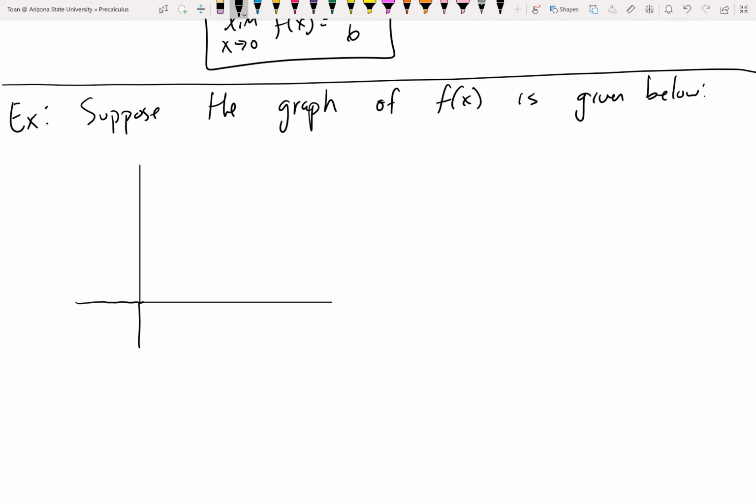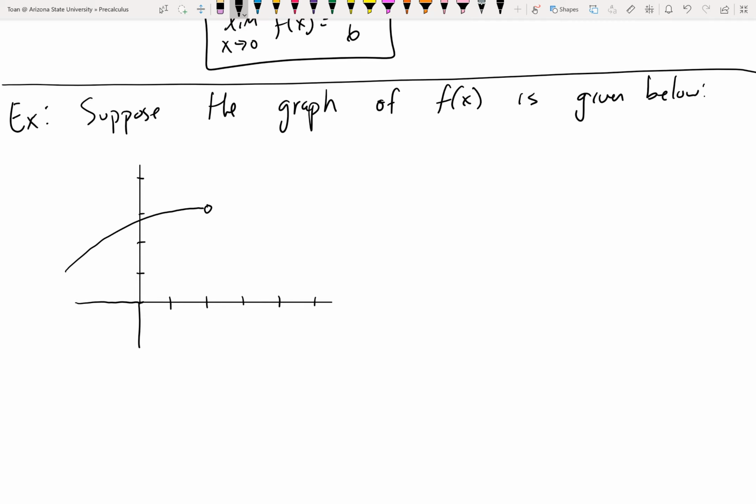Let's try to do some tick marks to be somewhat accurate. Let's go up to 1, 2, 3, 4, 5. It doesn't have to be a big picture. And let's say at (2, 3) there's an open circle here, and from the left it just swishes up.